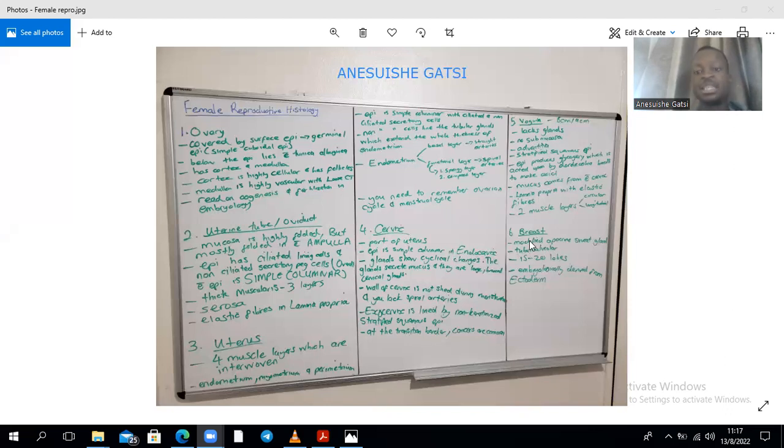Then lastly, number 6, there's the breast or the mammary glands, right? They develop along the milk ridge, and embryologically they come from the ectoderm, and the other parts of the milk ridge are going to regress and leave the breast tissue in one normal location, right?